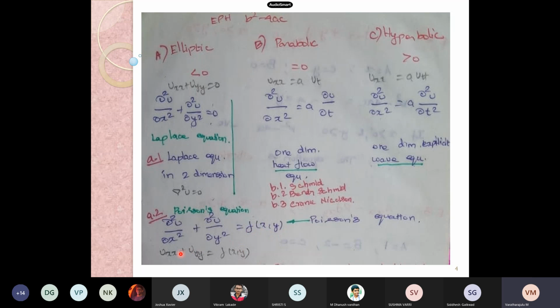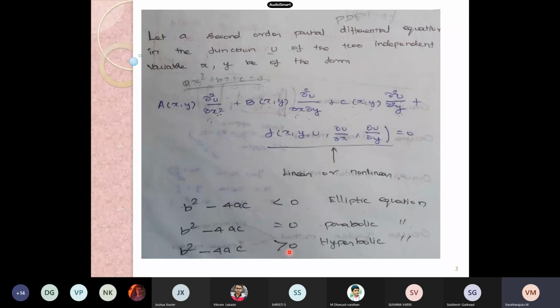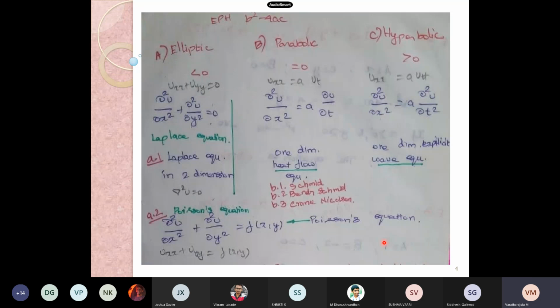Even here we don't have any term like b, so there won't be any change in the b square minus 4ac. Here the constant doesn't influence these three different equations. The influence of a, b, c alone will decide whether this falls under elliptic, parabolic, or hyperbolic. So these two are usually called elliptic equations. Under elliptic, we are going to deal with the Laplace equation and Poisson equation.